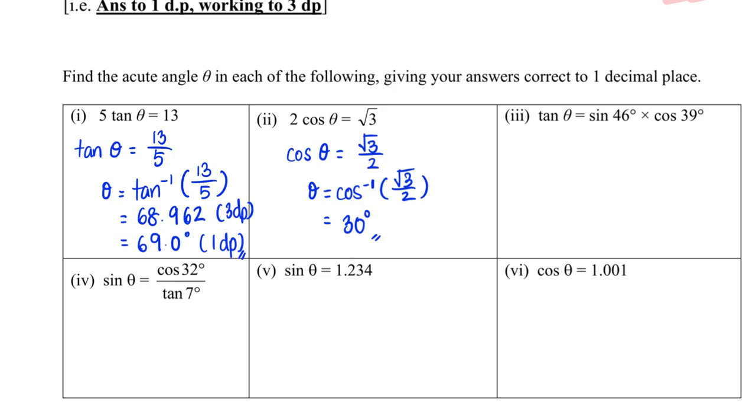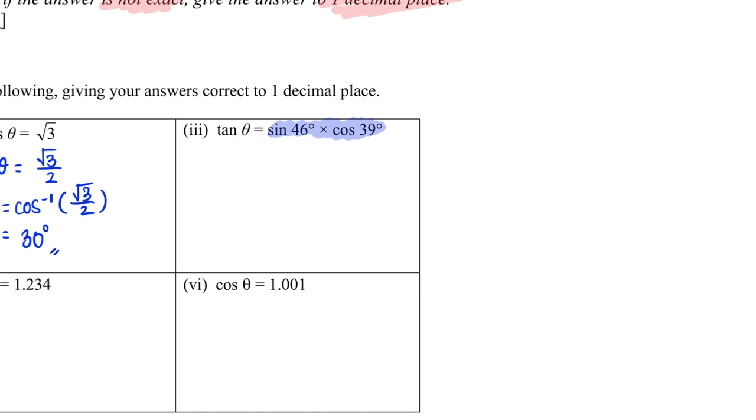Now, for part 3, it's pretty interesting. Do take note: sine 46 degrees multiplied by cosine 39 degrees is actually some fraction. If you use your calculator, you will see that it gives 0.59 with many decimals. How do we get this? Simply, we don't use too many decimals.